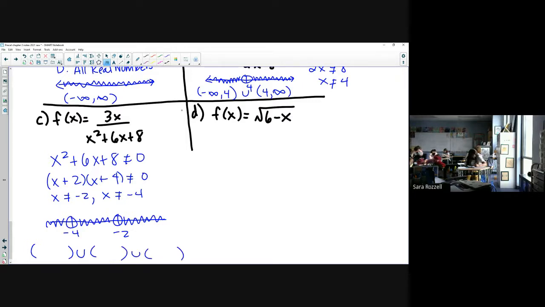First one is from negative infinity to negative 4. The middle one is from negative 4 to negative 2. The last one's from negative 2 all the way to positive infinity.